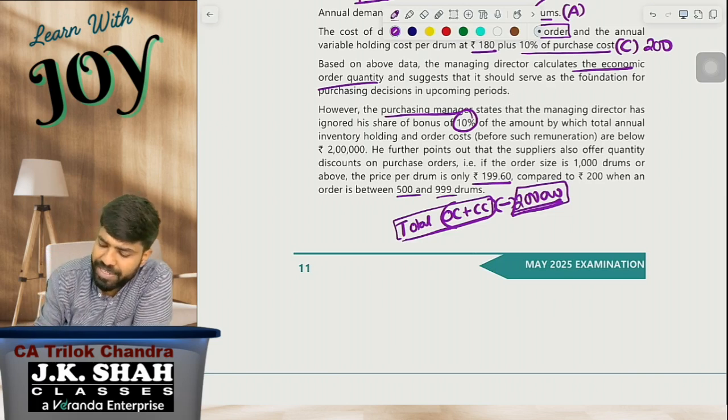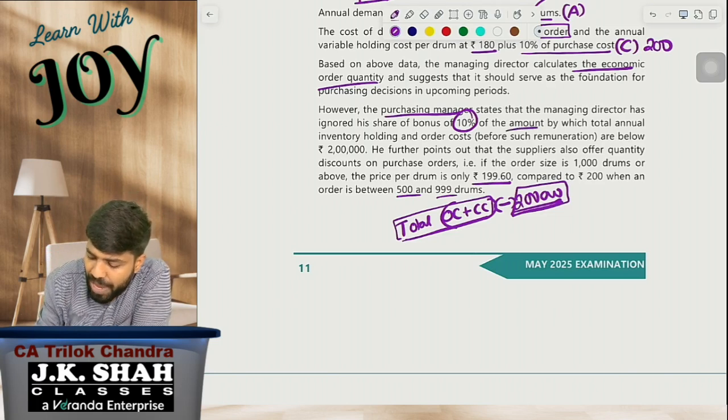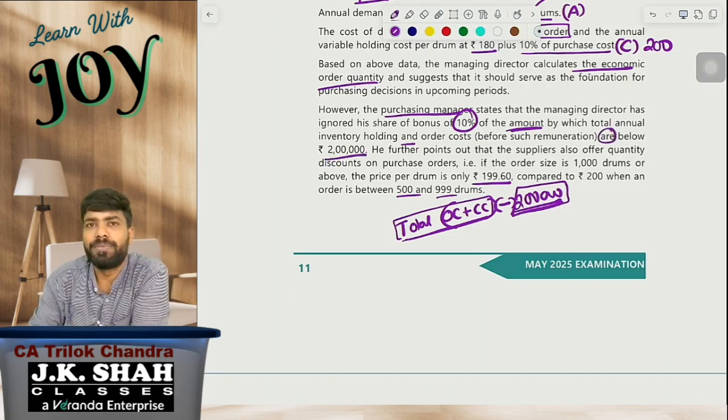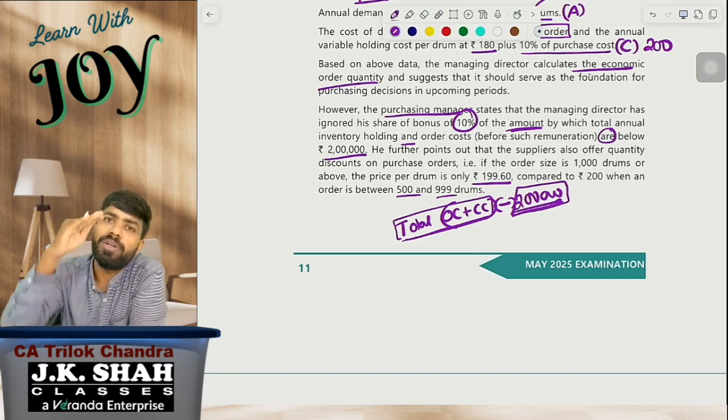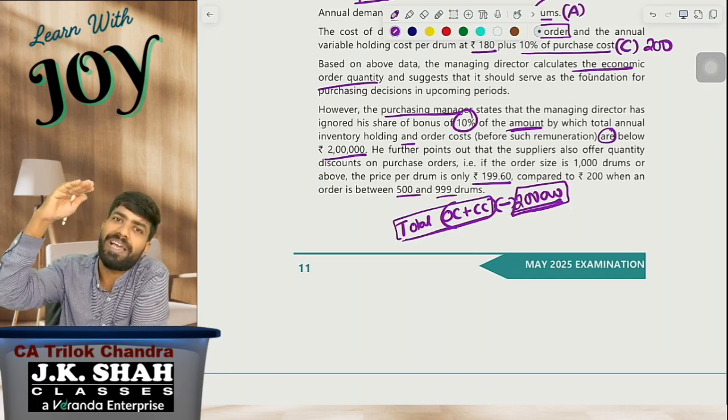Look at the wording that they use. Ignored his share of 10% of the amount by which total annual inventory holding and ordering cost before such remuneration are below 2 lakh rupees. Are you understanding? However much the cost is saved, the total maximum permissible is 2 lakh rupees.